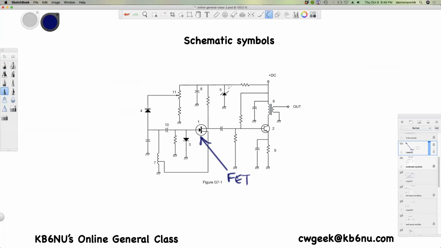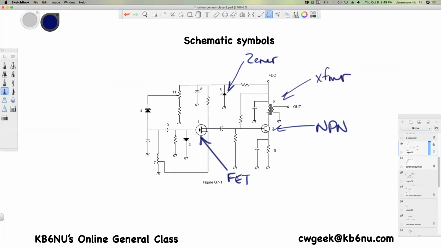Answer: symbol 5. Question: which symbol in figure G7-1 represents an NPN junction transistor? Answer: symbol 2. Question: which symbol in figure G7-1 represents a solid core transformer? Symbol 6.